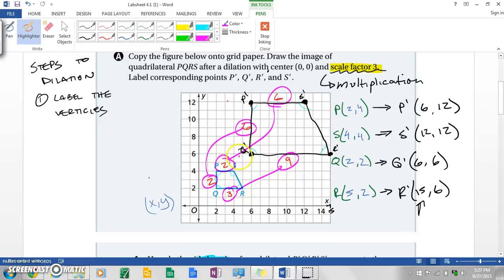The only pattern that makes sense is multiply by 3. If we took each of these sides and multiplied it by 3, we would get the corresponding side on the dilated figure. For example, 3 times 3 is 9, 2 times 3 is 6, 2 times 3 is 6. We can guess that if we multiplied this unknown side length by 3, we would end up with this side length.